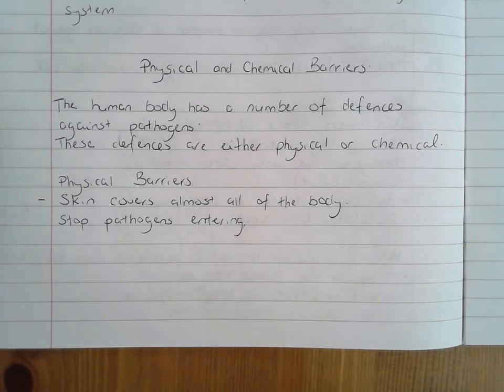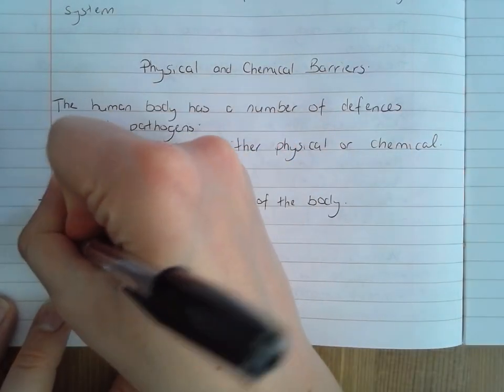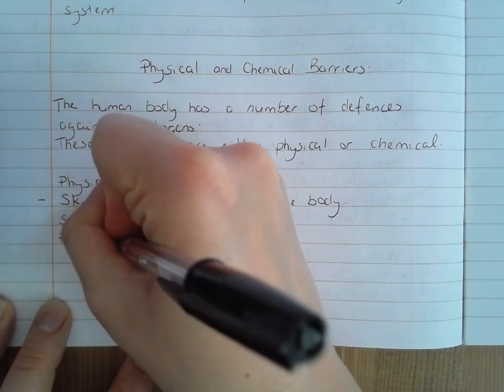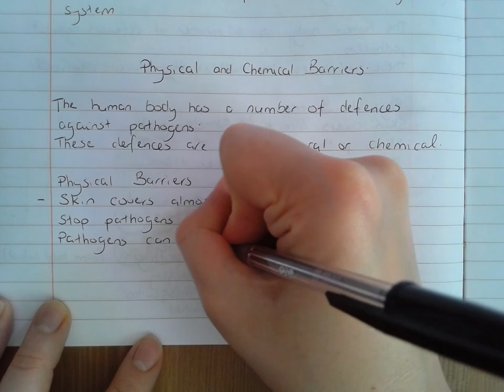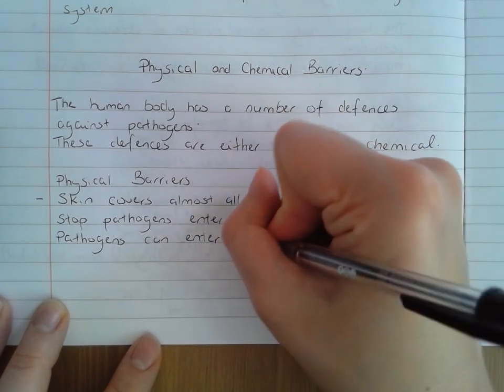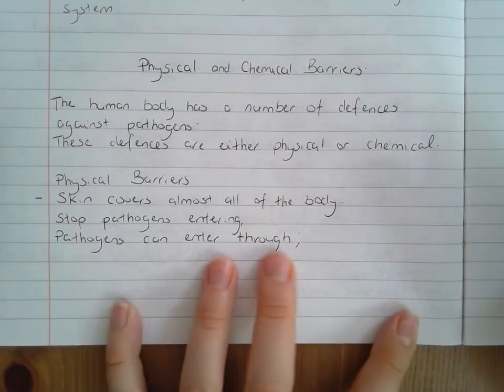Now, even though we are mostly covered in skin, there are still ways that pathogens can enter our body. And the two main ways, so we're going to write these here, pathogens can enter through, okay, so we're still talking about the skin.